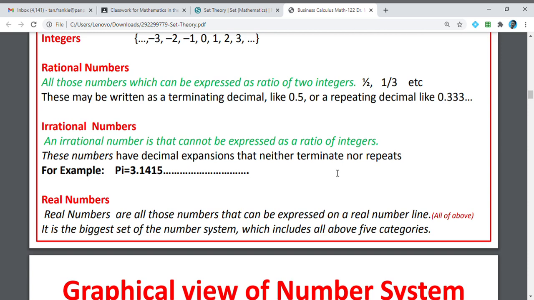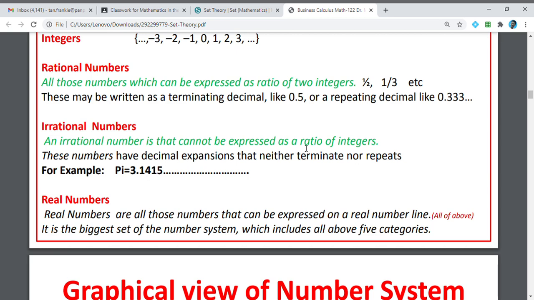Then we have here another set of numbers. We have now irrational numbers. Irrational numbers cannot be expressed as a ratio of two integers. So for example, here we have the value of pi, and this pi is used in computing, for example, the surface area, the area or the volume of a sphere. So this is an example of an irrational number.